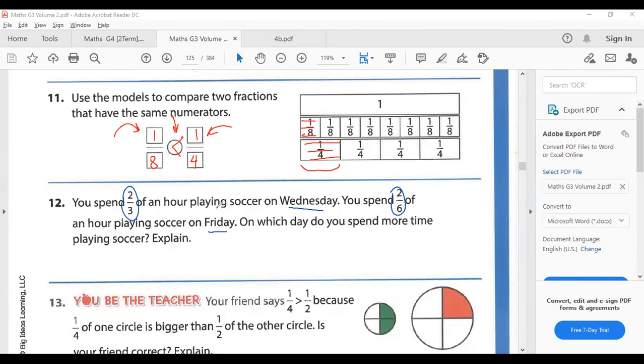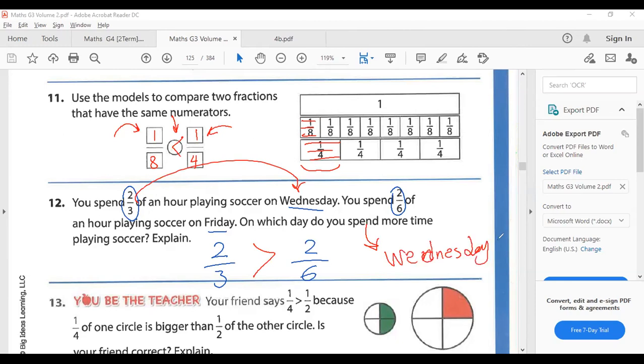So the question here is simple: 2 over 3 or 2 over 6? 2 over 3 is greater. So 2 over 3 is which day? Wednesday. The answer will be Wednesday. Okay, Omar, thank you.